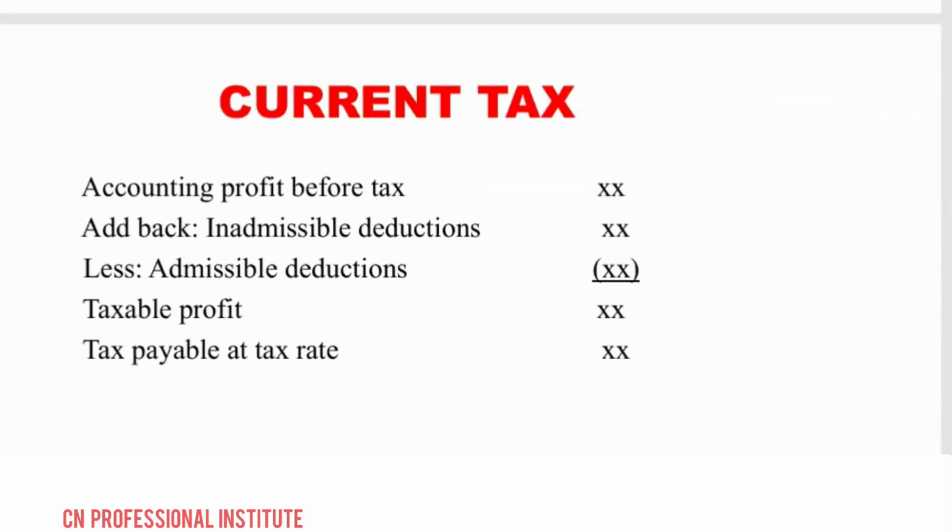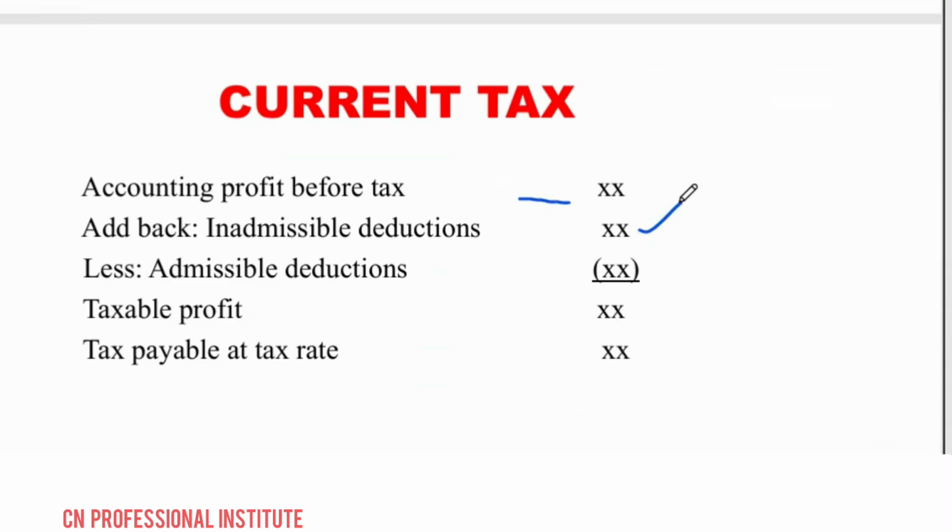What I've just explained is what we have here. You bring your accounting profit before tax, then add back inadmissible deductions, right? So all expenses that were deducted but are not supposed to be deducted, or are not allowable. The tax authority will not allow them to be deducted.